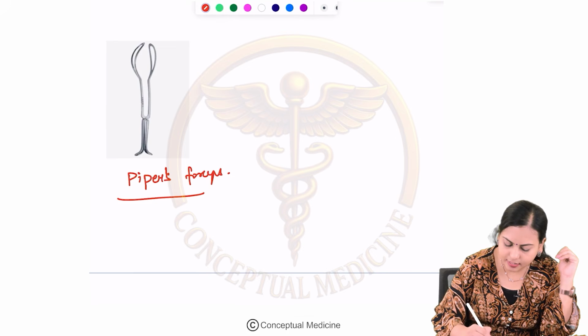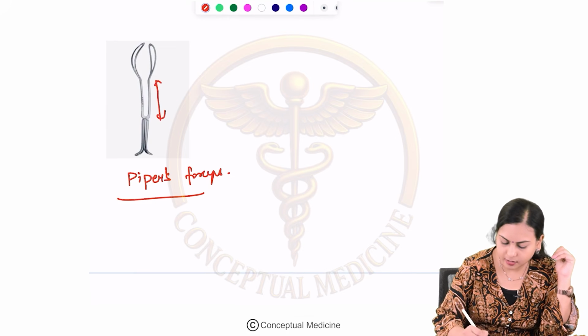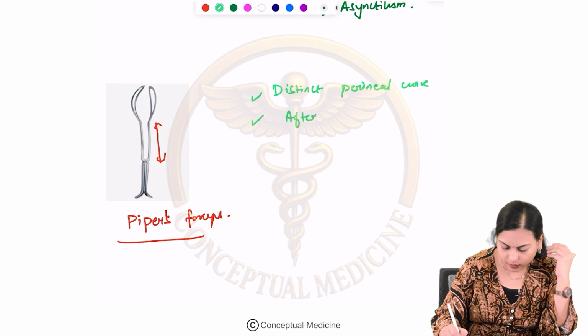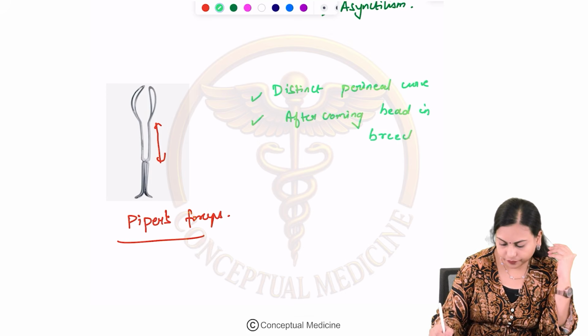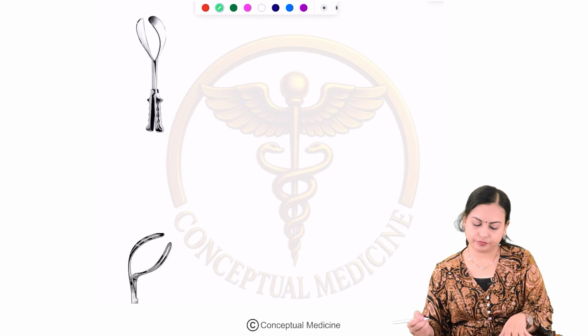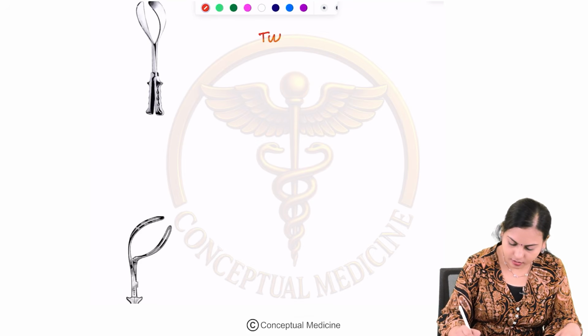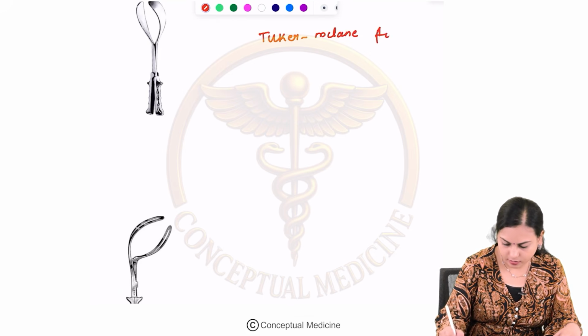And this is another important type of forceps which is Piper's forceps. So this has a distinct perineal curve as well. And this is mostly used to deliver the after-coming head in breech. Clear? Yes. The next one is Tucker-McLean forceps. Okay.